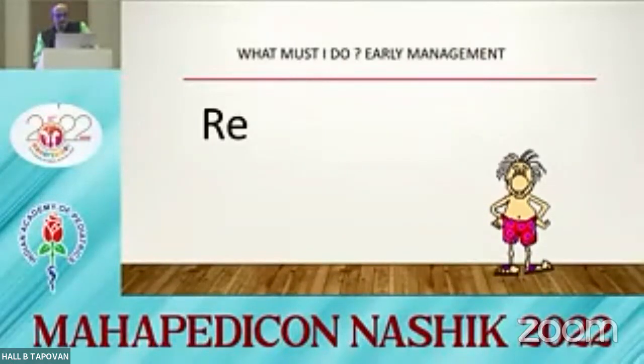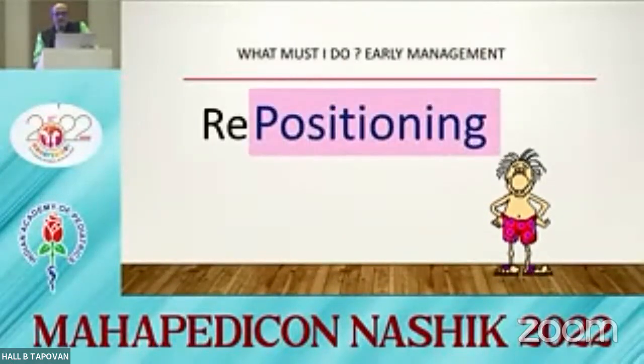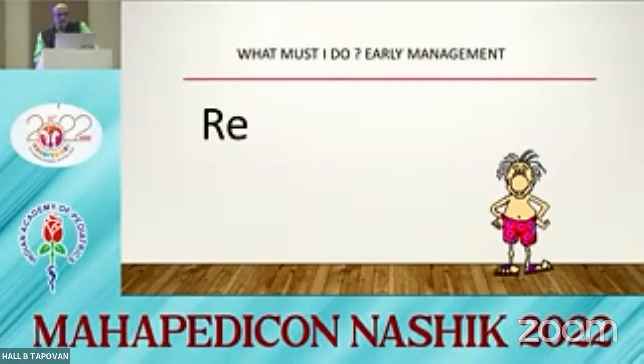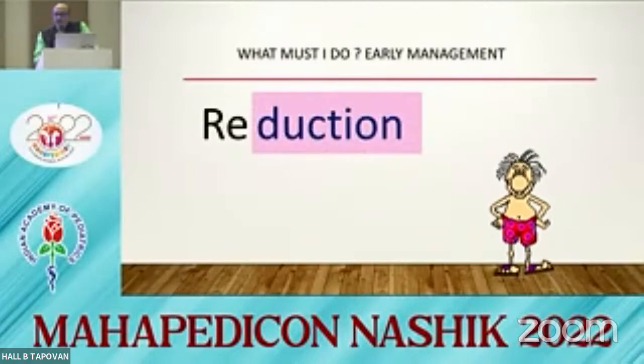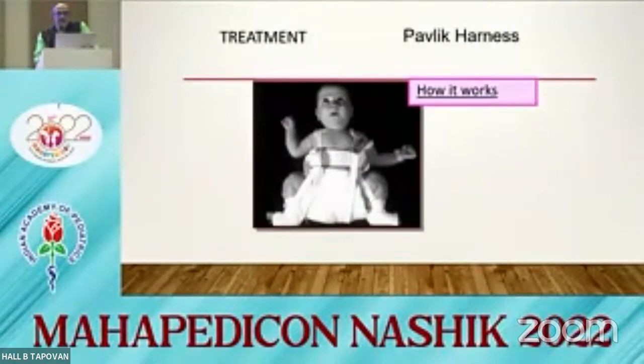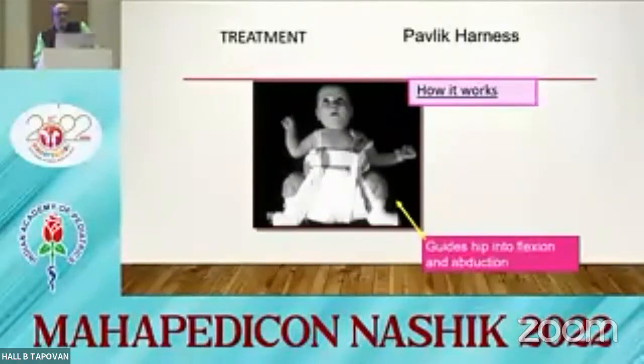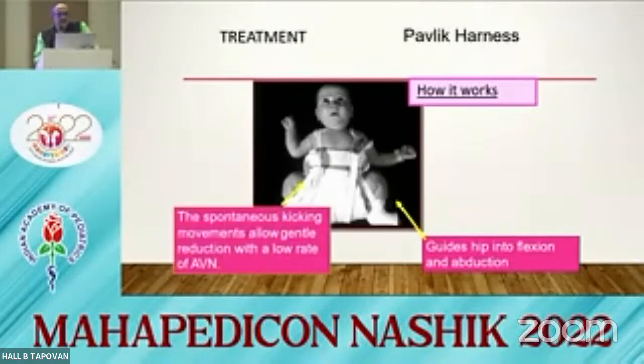What should be is early management by repositioning or at the most reduction. For repositioning or reduction, all that is needed is a simple splint. What it needs is a small cloth and strap brace called Pavlik harness, where you position the baby in such a way that it guides the hip into flexion, abduction, and allows the kicking movement.